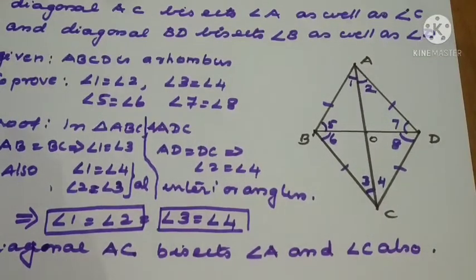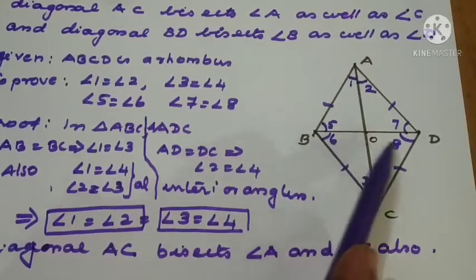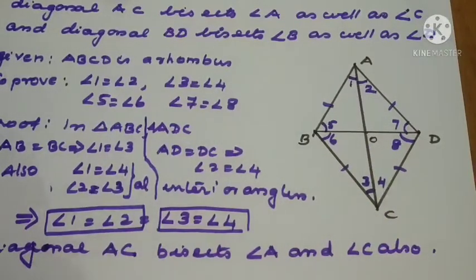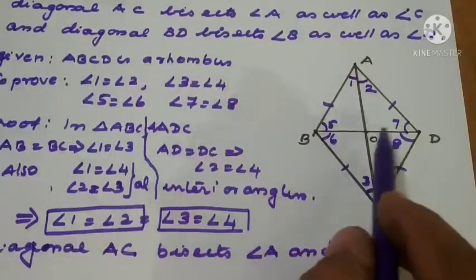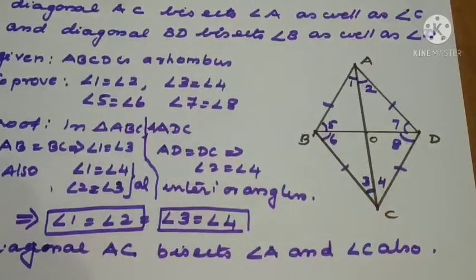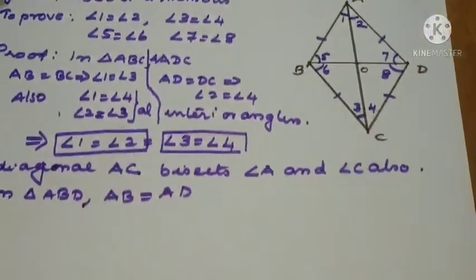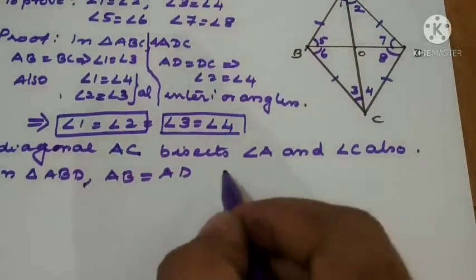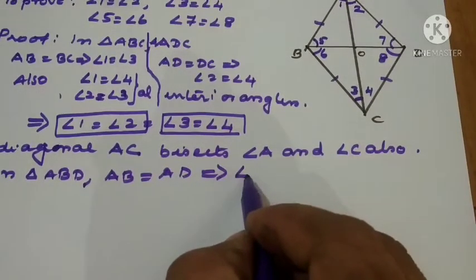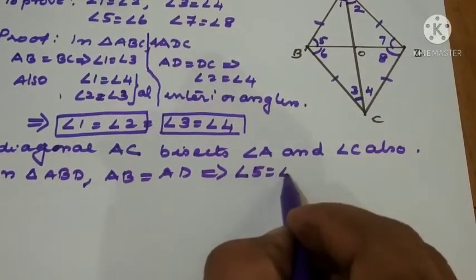Now the second part: we should prove that 5 and 6 are equal. Similarly, 7 and 8 are also equal. Which triangle do we have to take now? 5 and 7 will come in triangle ABD. So in triangle ABD, AB equal to AD implies angle 5 equal to angle 7.